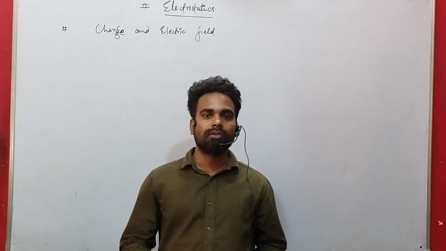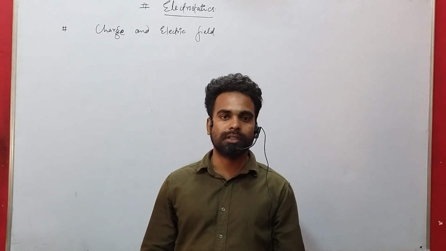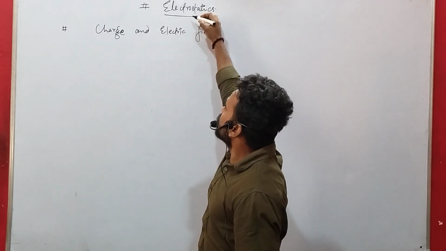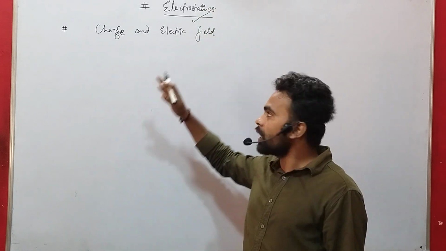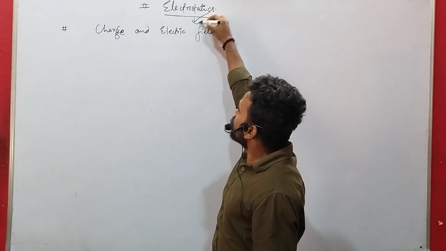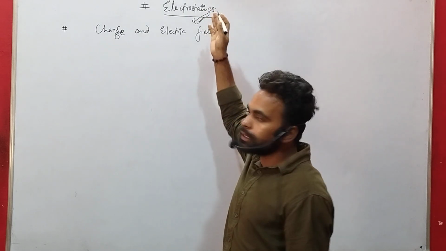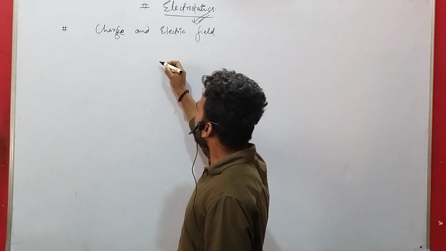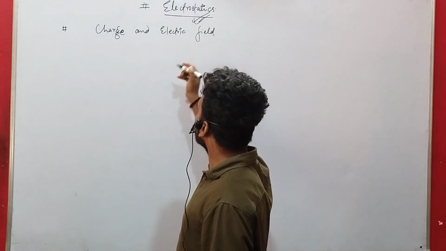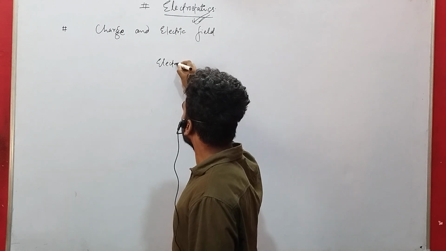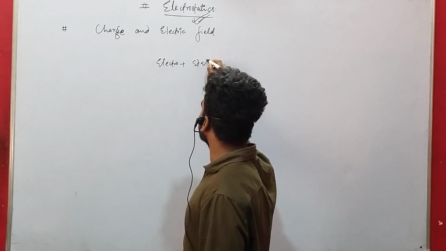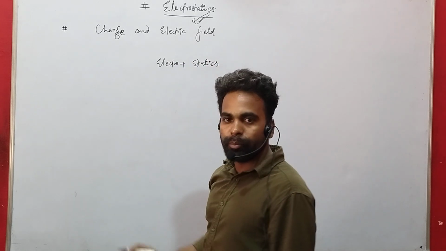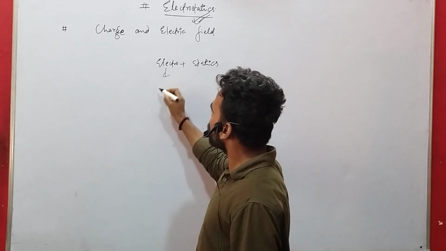Let us see today the electrostatics chapter in physics. Before I start electrostatics, we are going to see the definition of electrostatics. What is electrostatics? When we break the word electrostatics, it is electro plus statics. The meaning of electro is charge.